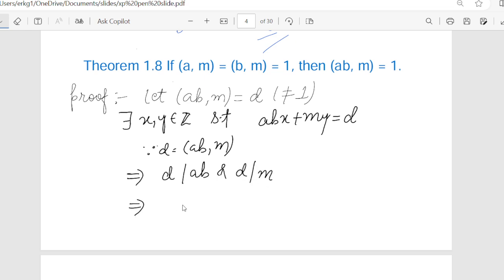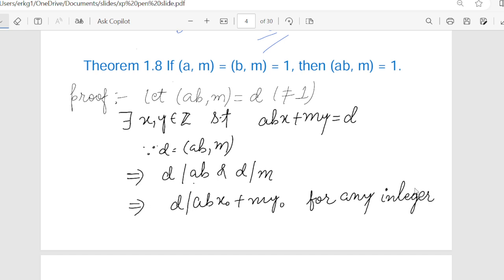So by theorem 1.1 part 3, d divides the linear combination of ab and m, that is ab x naught plus m y naught, for any integers x naught and y naught.